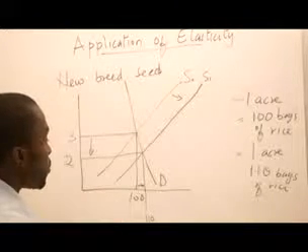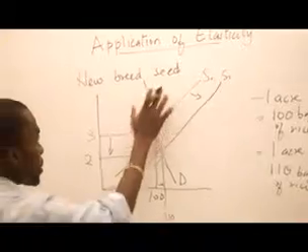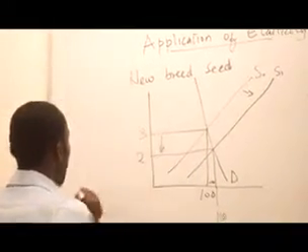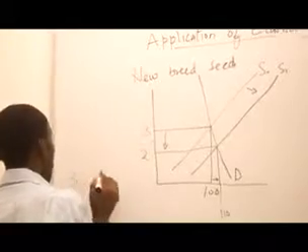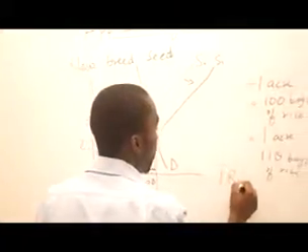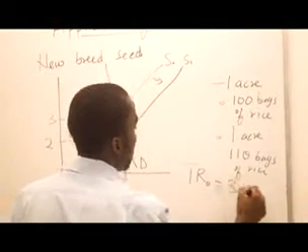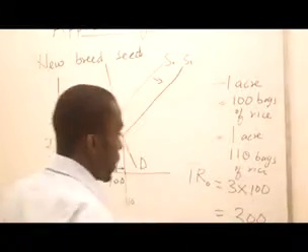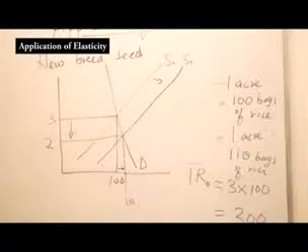Let's look at the total revenue of this household or this farmer. Initially he was getting 3. Total revenue initially will be 3 times the 100 bags, which will give the farmer 300.